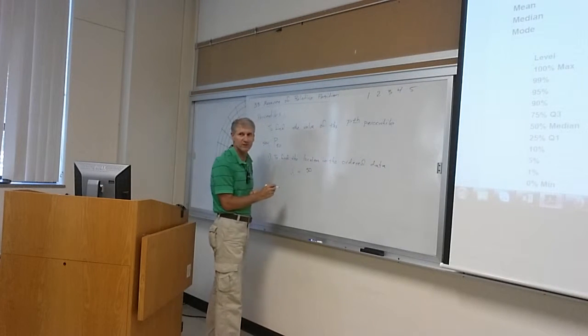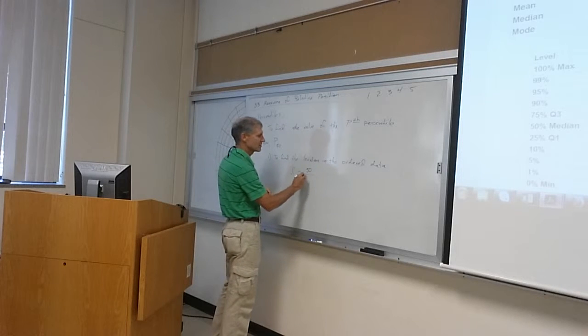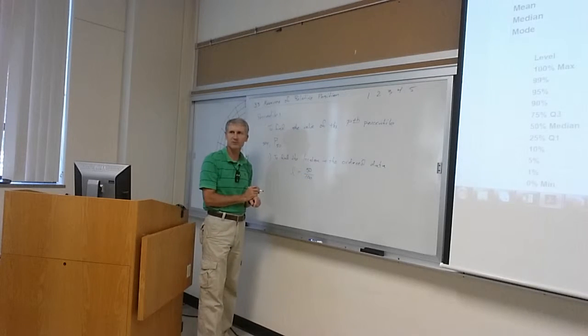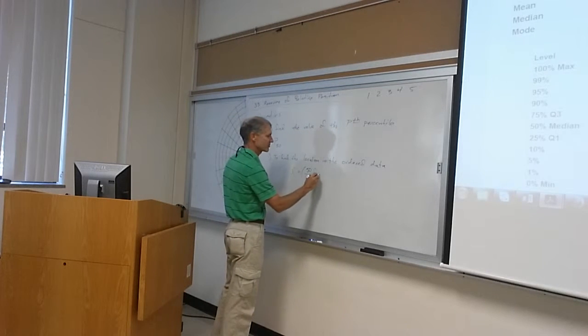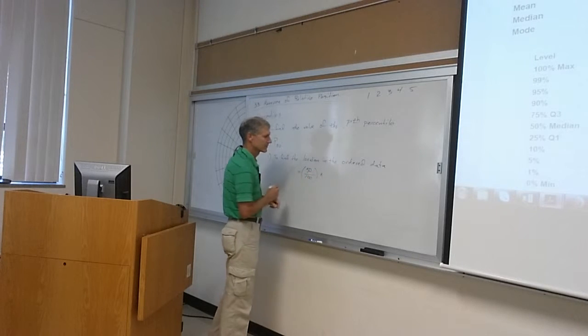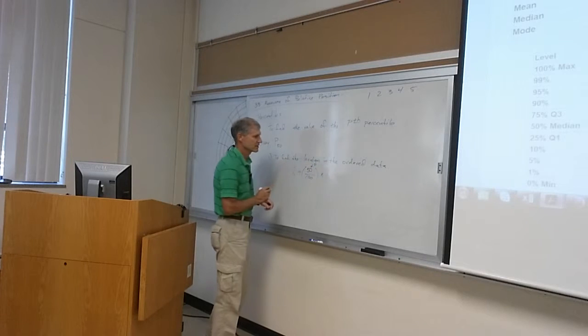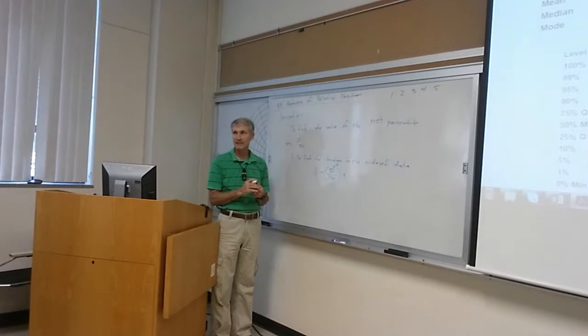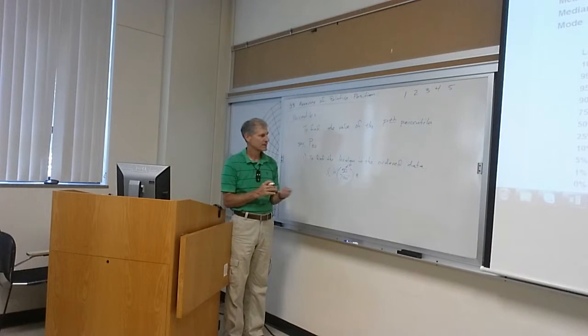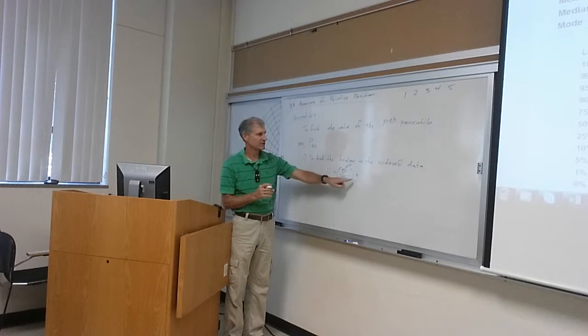So I want the 50th percentile: 50 divided by 100 to make it a decimal, and then multiply by your sample size. In general, that 50 is capital P. So P divided by 100 times n.